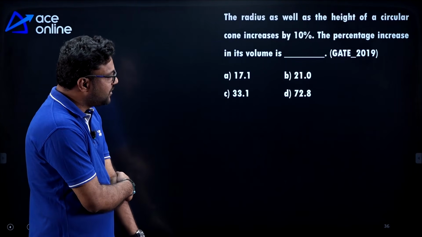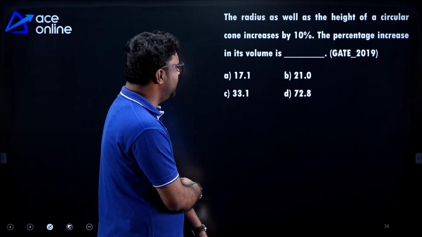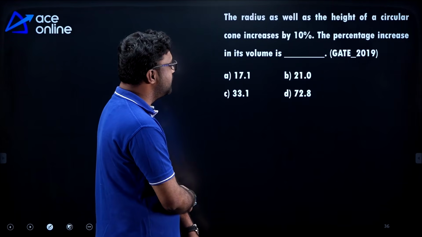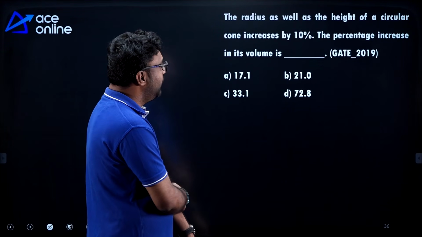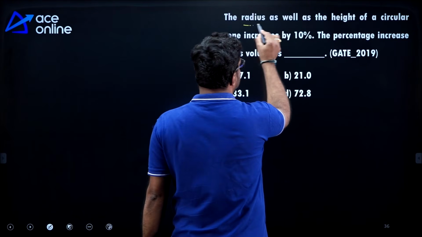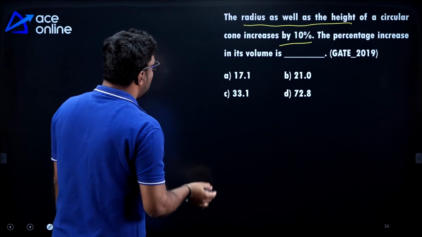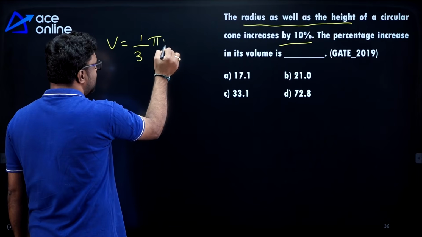Now let's see this question given in GATE regarding increase in volume. This is related to the volume concept as well as percentage increase. So the percentage increase in its volume when height and radius are both increased by 10%. Sir, we know the volume of a cone is 1 by 3 pi r square h.